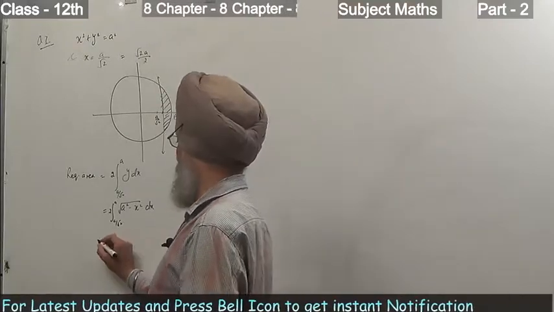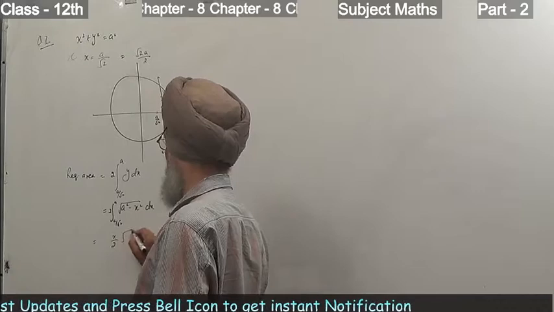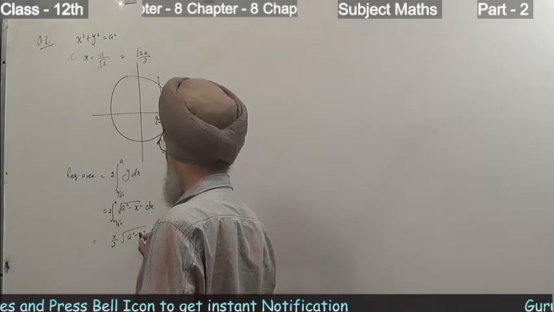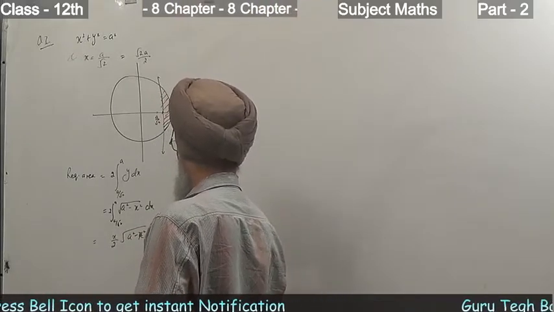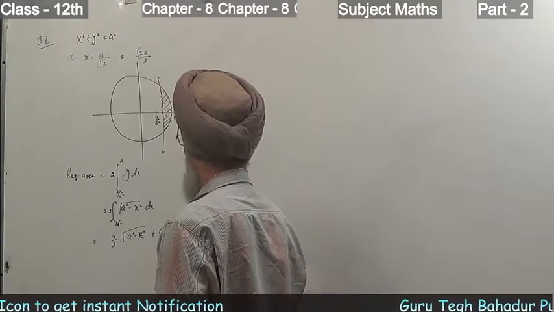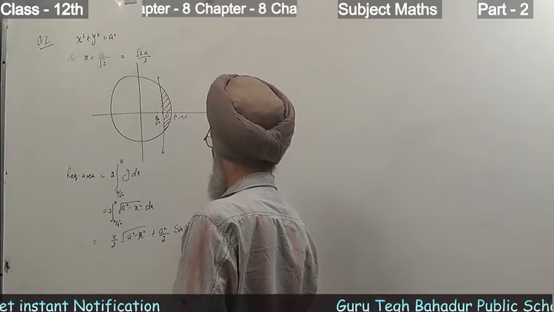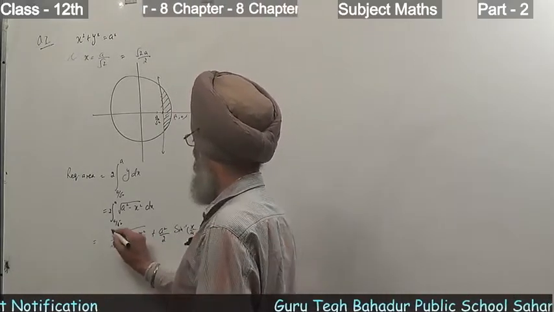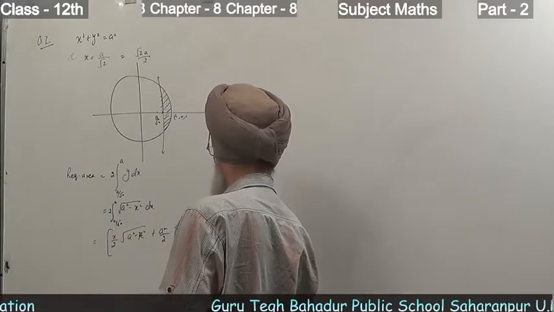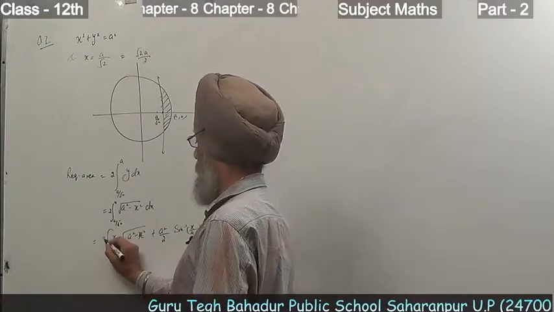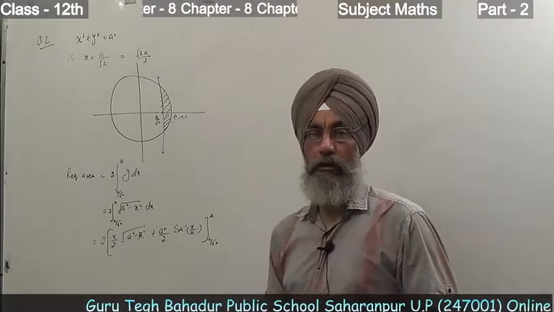Now placing the formula: x upon 2 square root of a square minus x square plus a square upon 2 sin inverse x upon a. The limit is from a by root 2 to a, 2 times, and then find its value. फिर इसकी वैल्यू निकाल लेंगे.